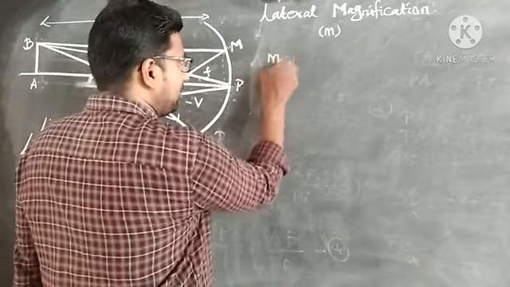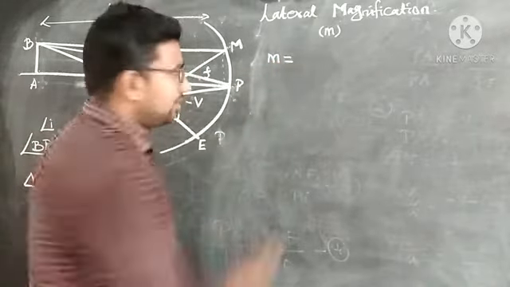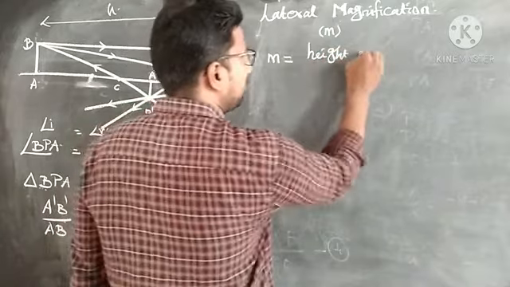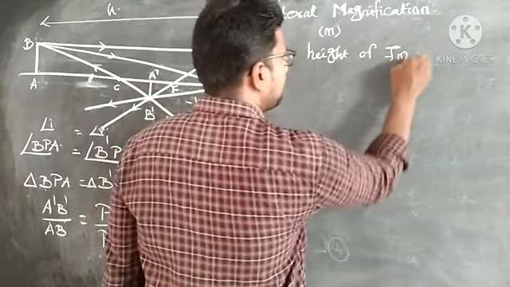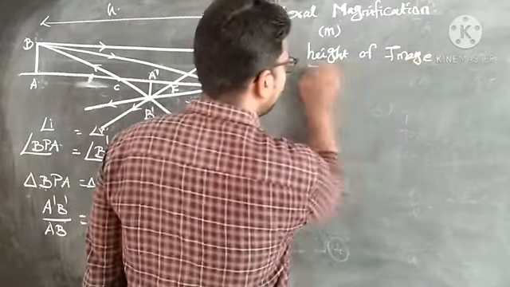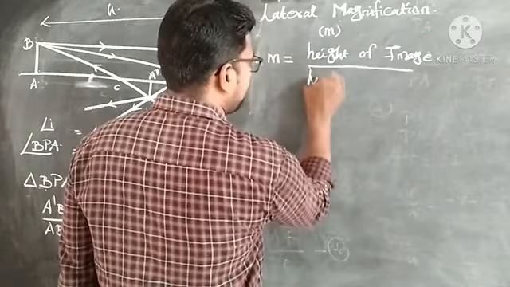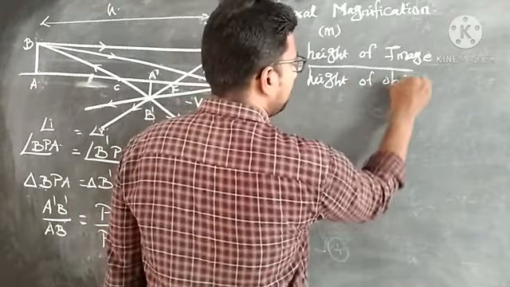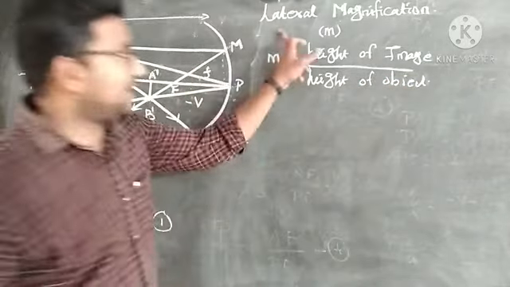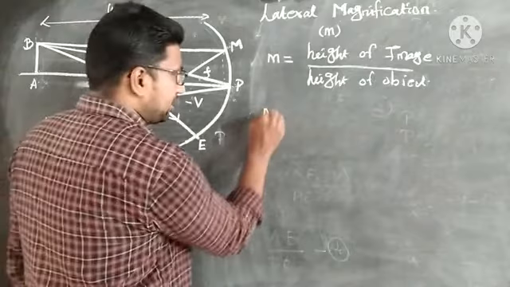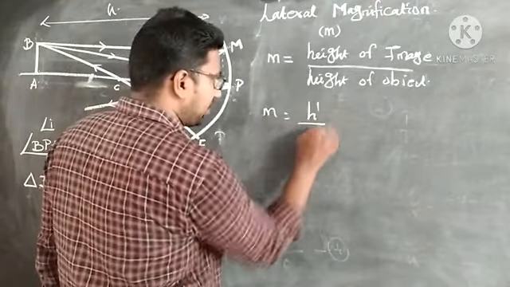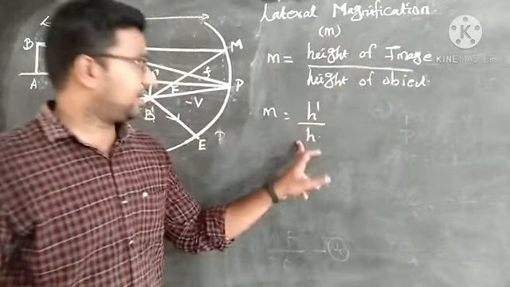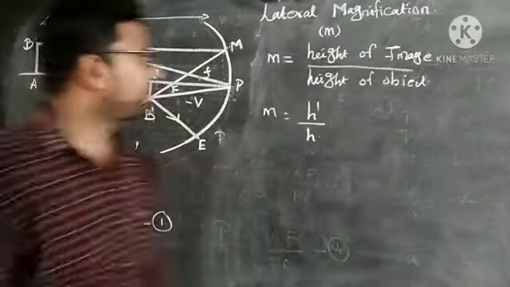It is defined as the ratio of the height of the image divided by the height of the object. So the lateral magnification m is written as h prime by h, where h prime is the height of the image and h is the height of the object.